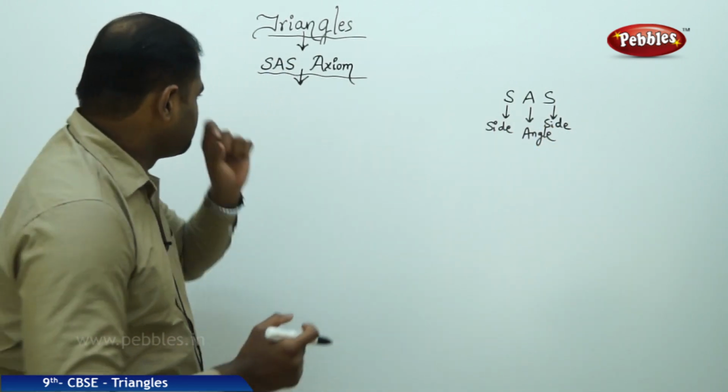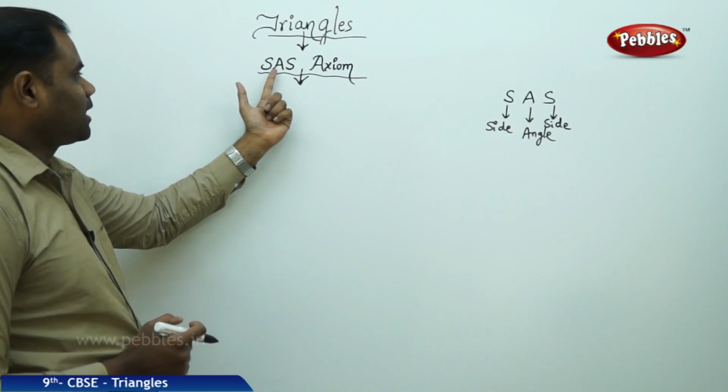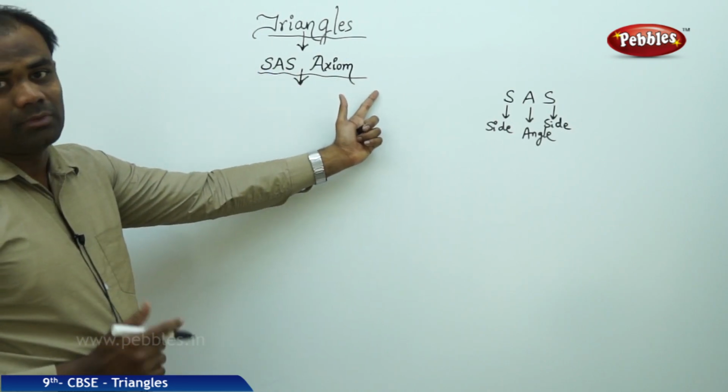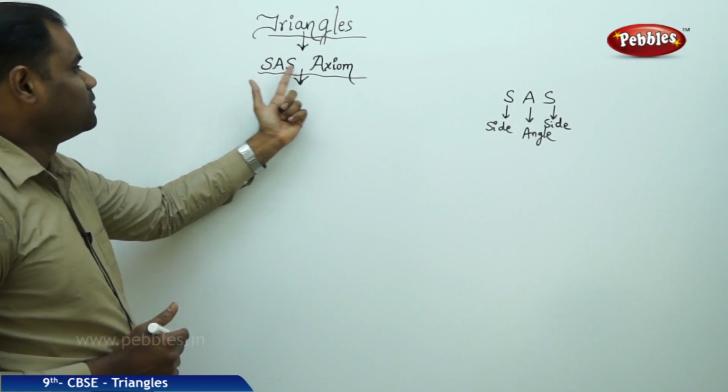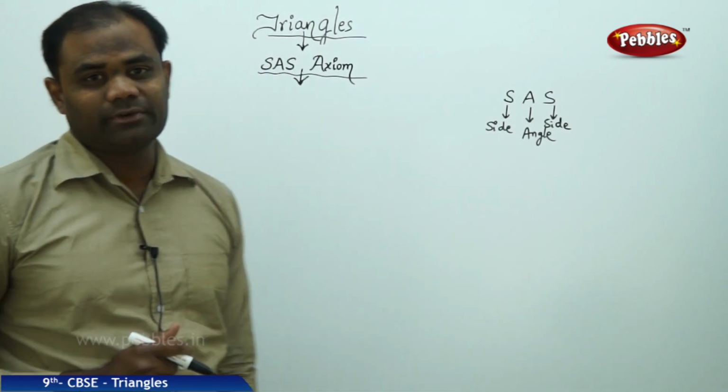This is how we understand the SAS side angle side axiom. Importantly, note the angle between the two sides which we take into consideration.